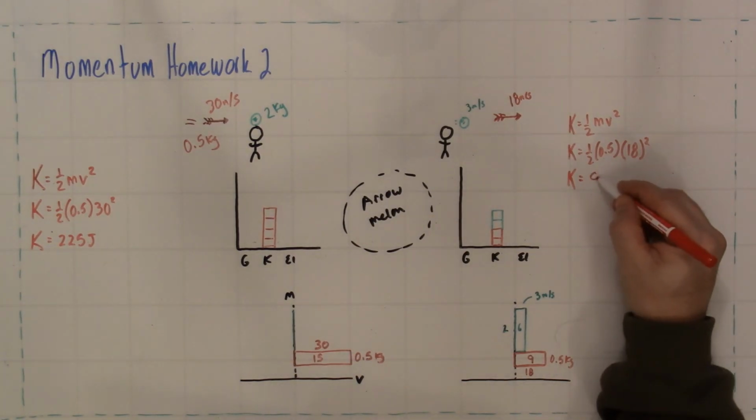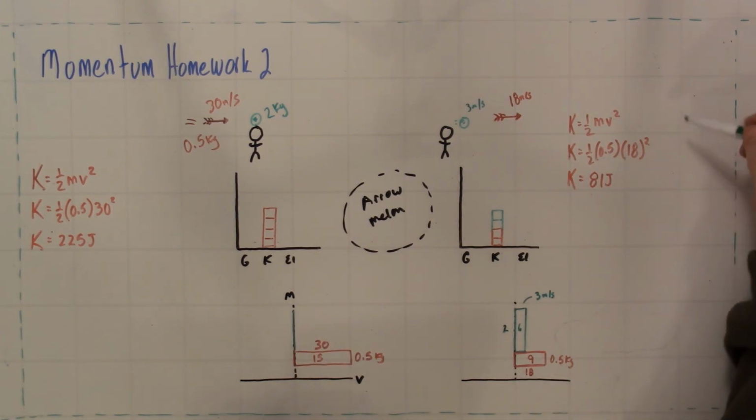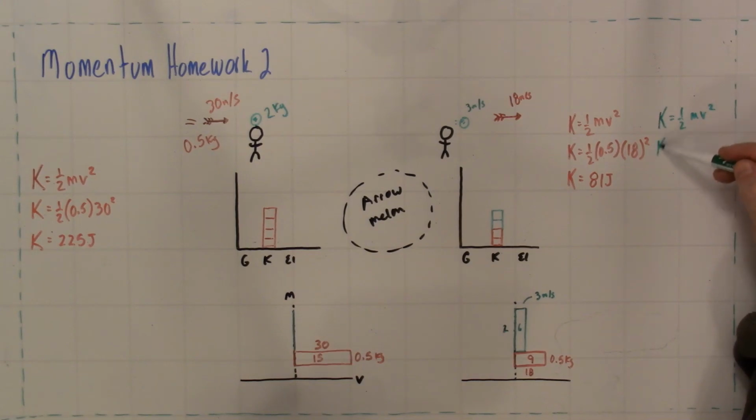So this is 81 joules. But let's do the melon. So for the melon, 1/2, the mass of the melon is 2, and its speed is 3 squared. 3 squared is 9, half of 2 is 1, so this is 9 joules.